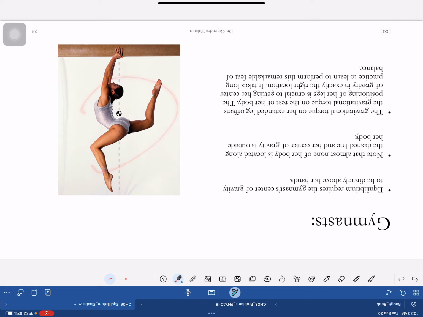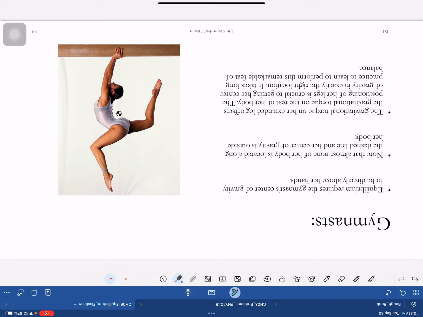So here's the gymnast. Here's the center of gravity. It has to be right above her arms. And this is an unstable equilibrium position because the center of gravity is above the footprint. So if her body tilted that way, the center of gravity would want to move this way, so she would extend her legs to bring it back like that.